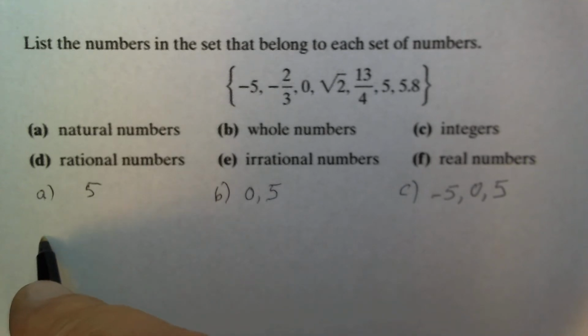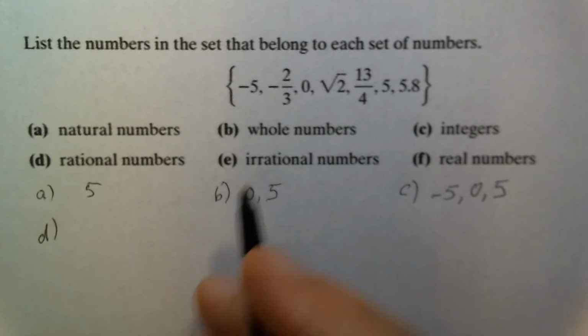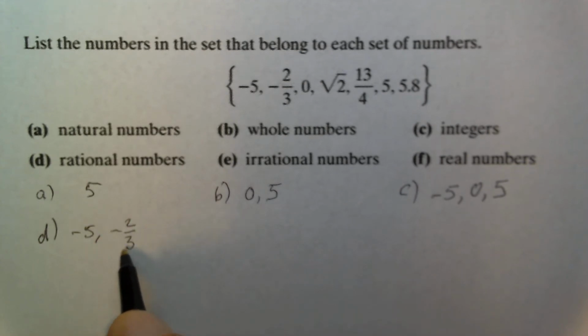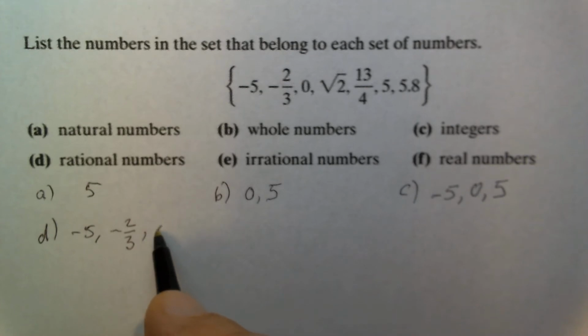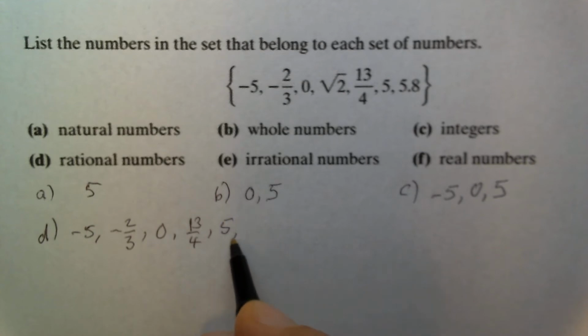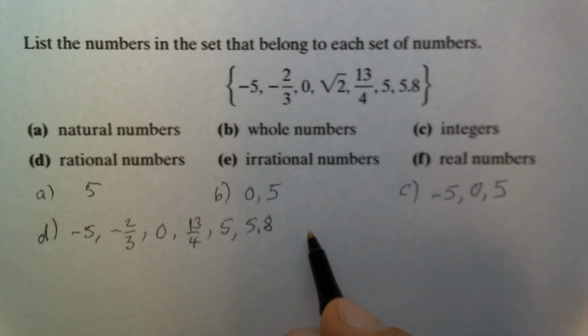Then for D, the rational numbers are -5, -2/3, 0, 13 divided by 4, 5, and 5.8, because each one of them can be written as a ratio of two integers.